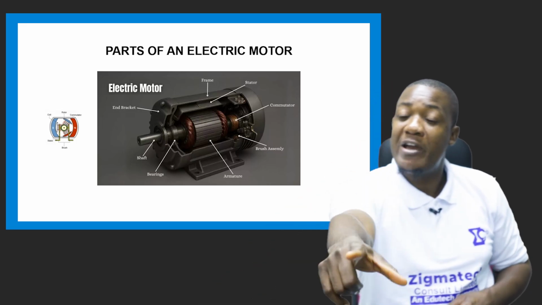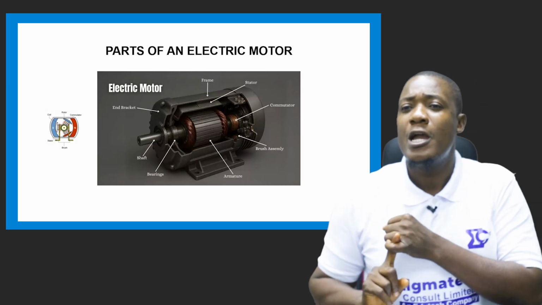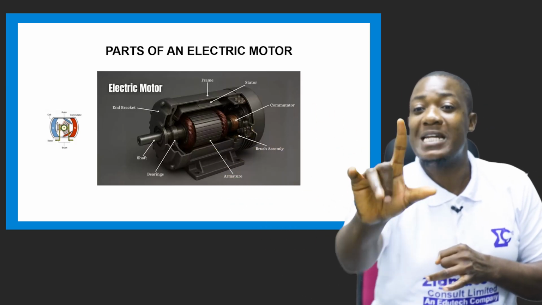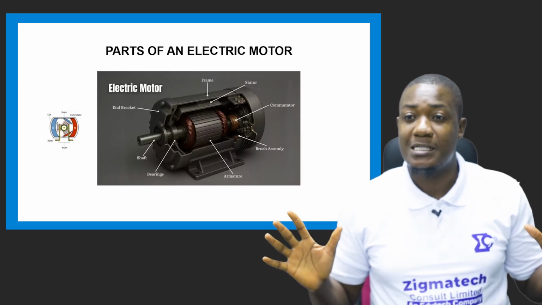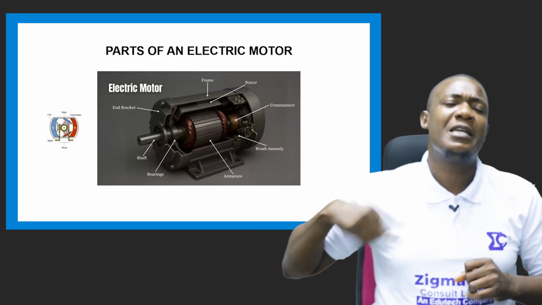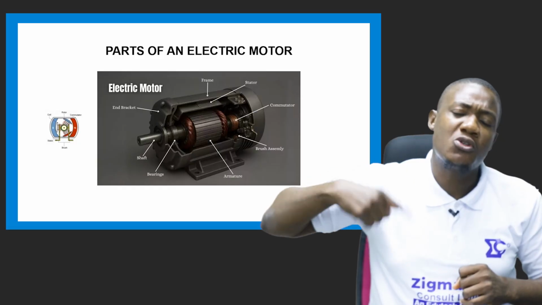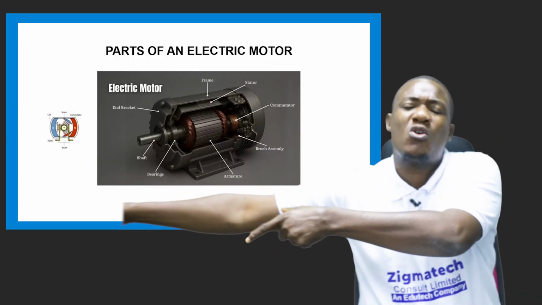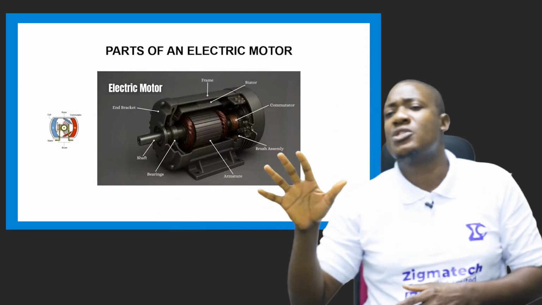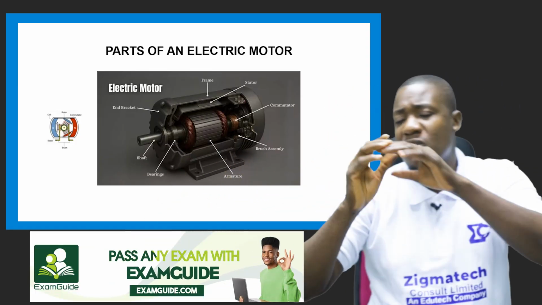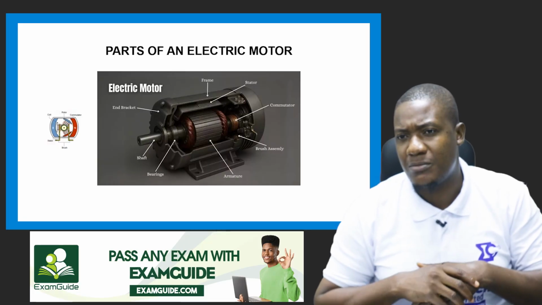So if you have a blade attached to this shaft, for example a fan blade, you will see that the blade of the fan will begin to turn so long as we have it connected to electricity. But once you turn off electricity, the armature here gets demagnetized.